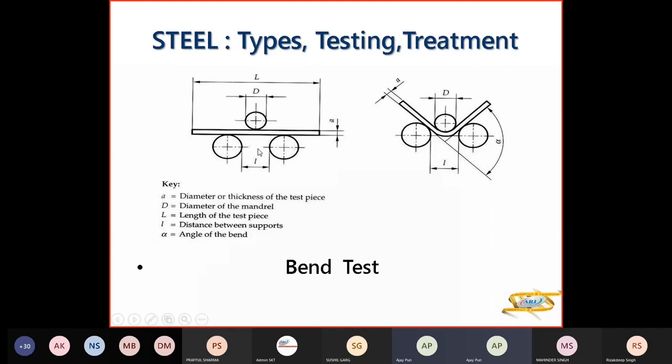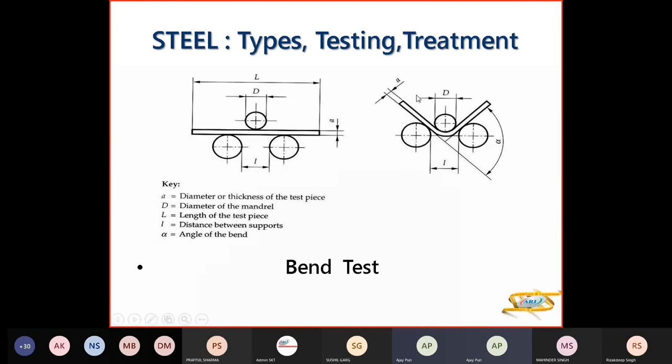So you're pressing this here so that your bend takes place like this. Now this area, the surface here, is checked very closely for cracks. At what angle of bend will the cracks appear? That is checked. That's why the bend test.